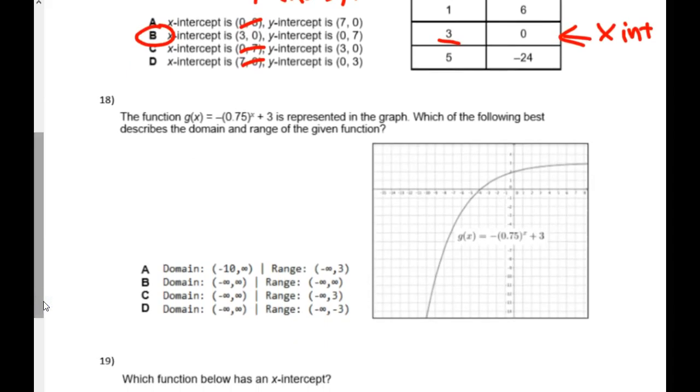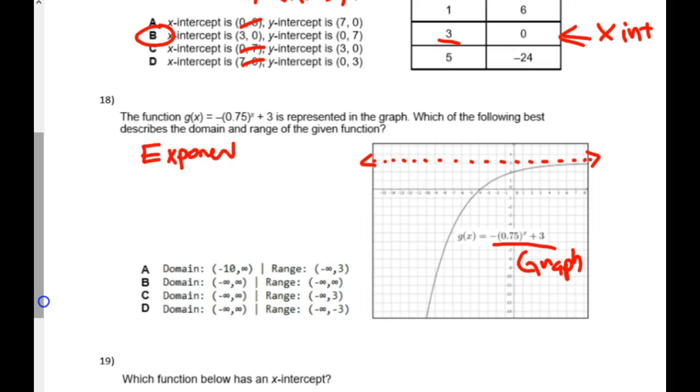Alright, a function is given. Which of the following best describes the domain and range of the given function? You can graph that in your calculator. Just remember that this is an asymptote. For these exponential functions, the domain is always negative to positive infinity, for sure.